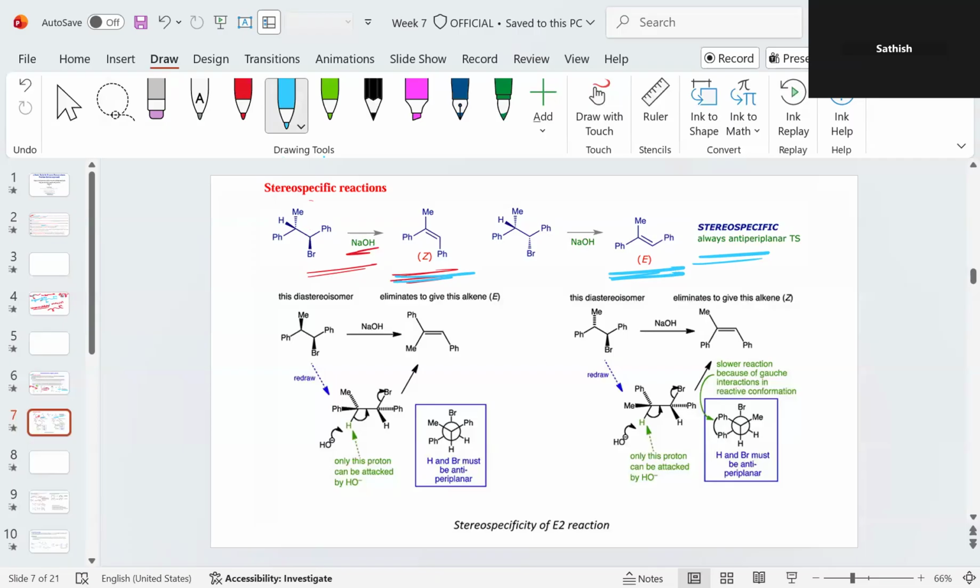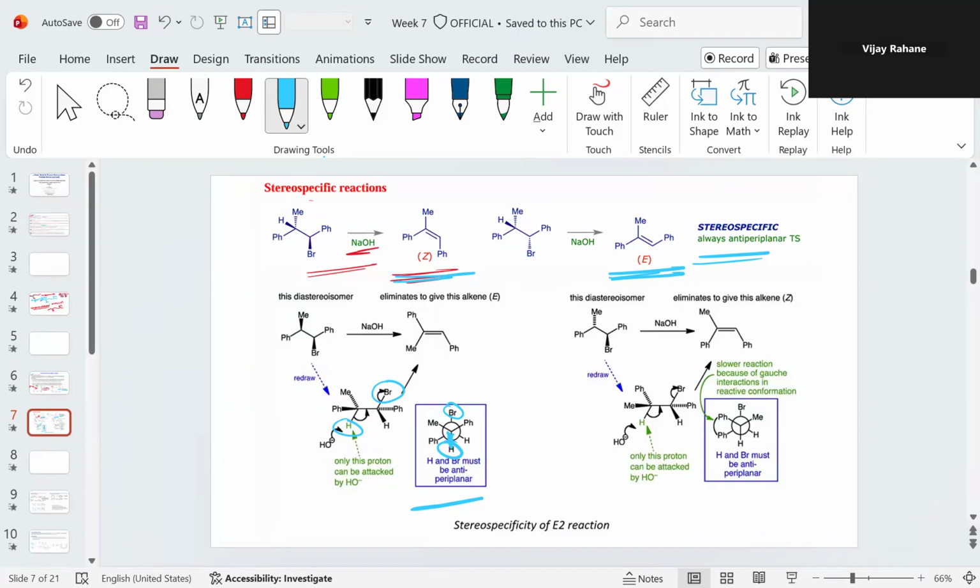If you look at the reaction mechanism for both of these reactions, for this kind of E2 elimination we need to have the proton and the leaving group anti to each other. In this conformation, you can clearly see the hydrogen directing downward and the Br directing upward, so they are anti-periplanar to each other.